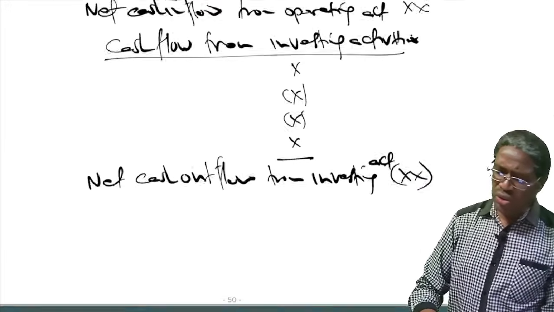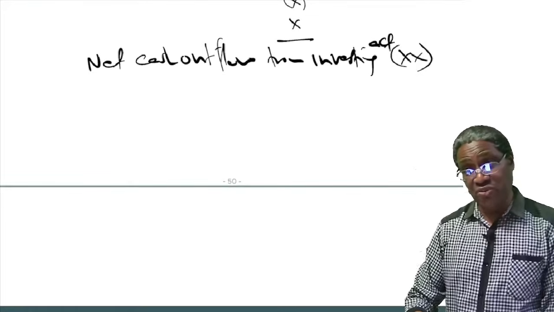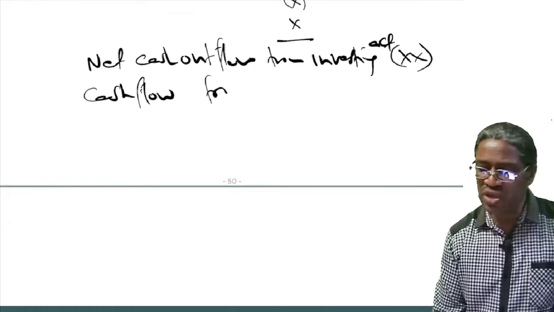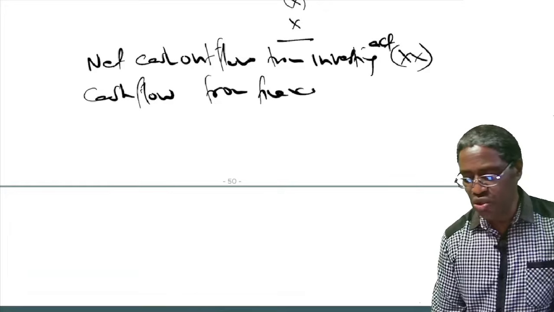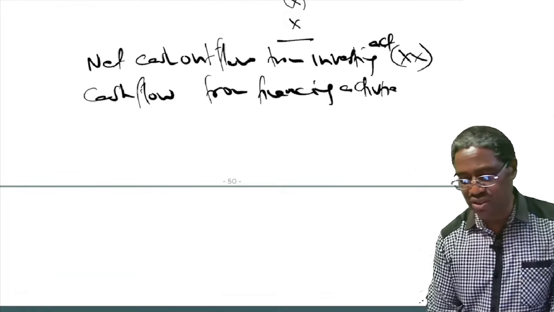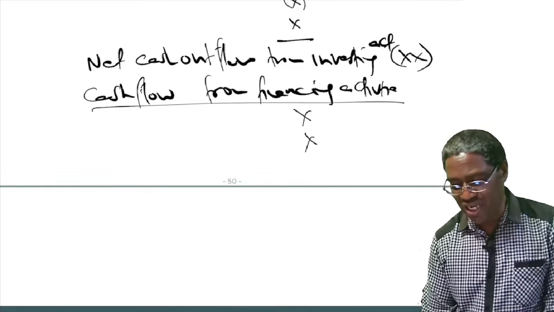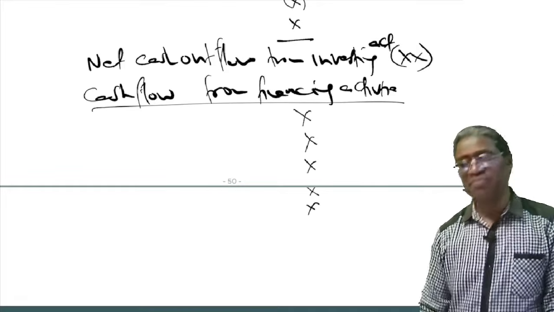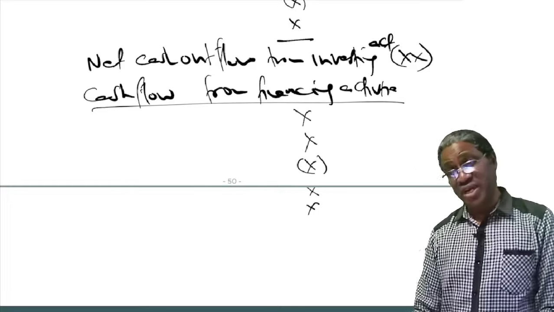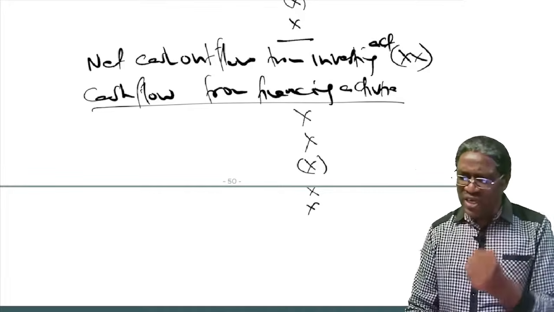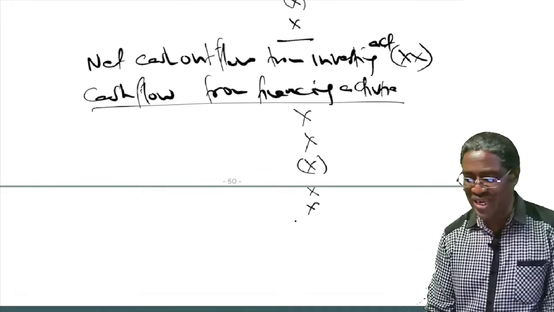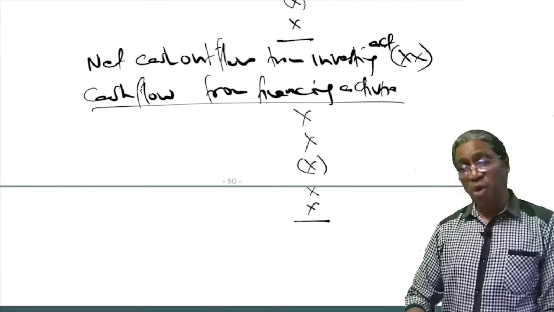Then you go to the third category of cash flows, which is cash flows from financing activities. You have to identify your cash flows from financing activities. Again, some of them were positive, some negative. After you have identified them, you get the net of all of them.